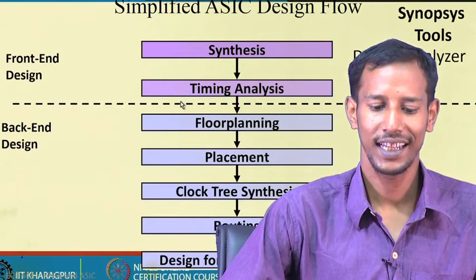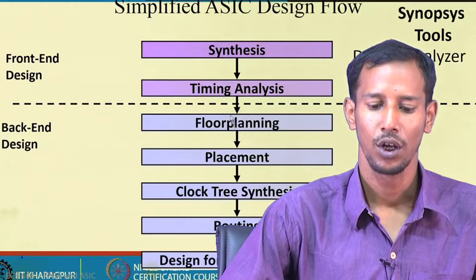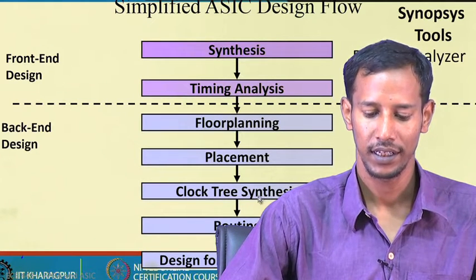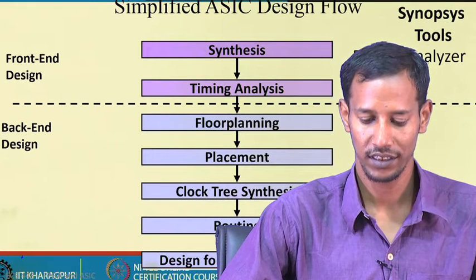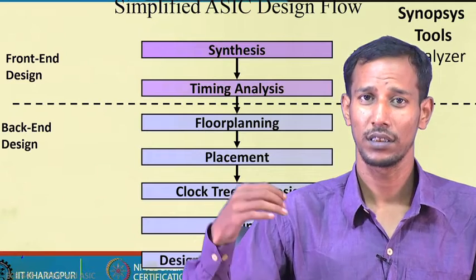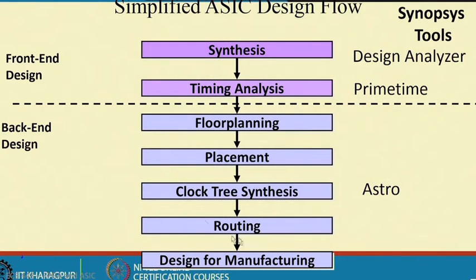So, what I said is this ASIC design flow. In the ASIC design flow, there is floor planning, placement, then clock tree synthesis, routing, and then you send it to the fabrication lab. So, this back end part changes from the FPGA design flow.